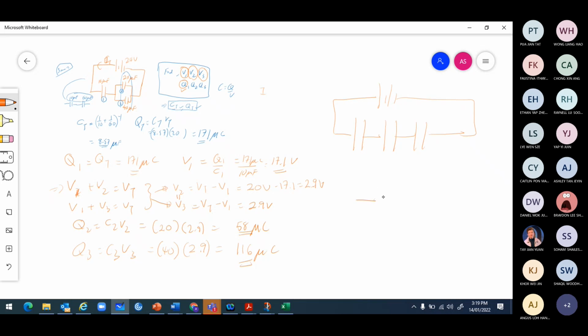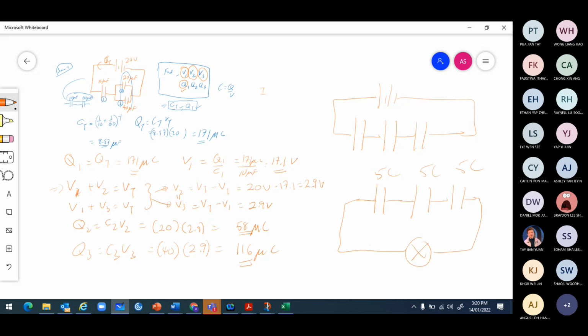Let's say you have one capacitor that stores 5 coulomb of charge. You have another capacitor that also stores 5 coulomb of charge, and another that stores 5 coulomb of charge. All are completely charged capacitors, each got 5 coulomb. And these 3 capacitors, let's say you connected to a light bulb.